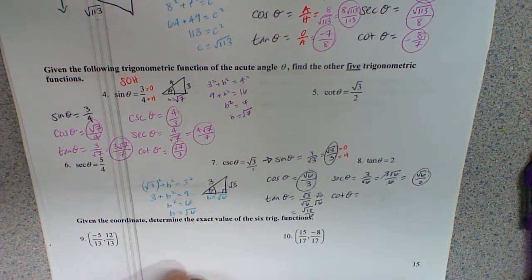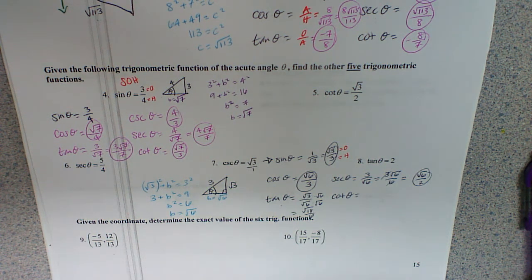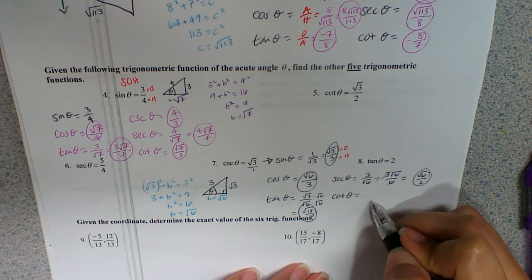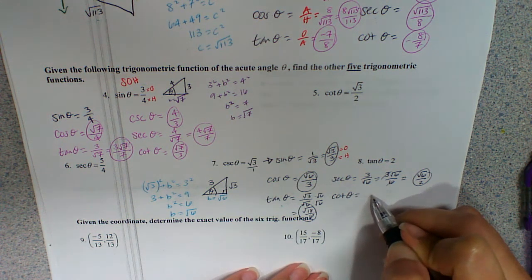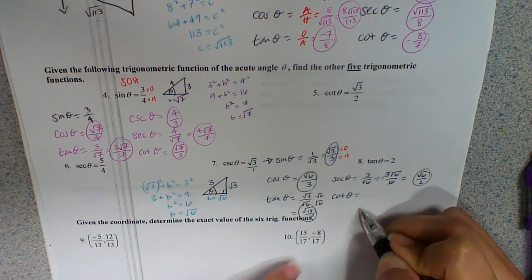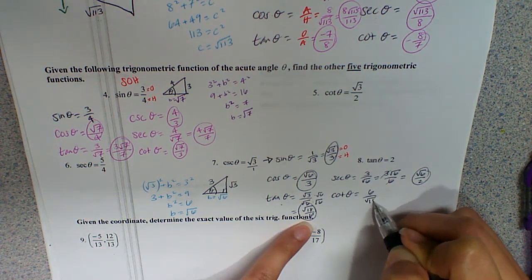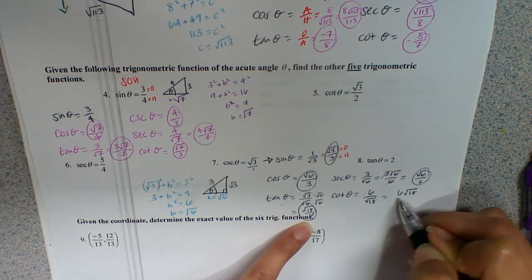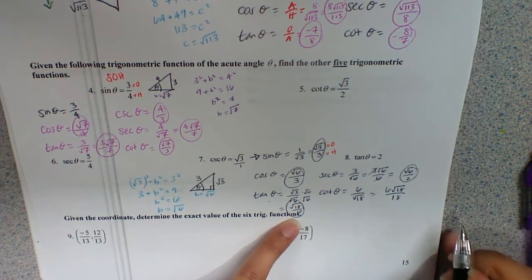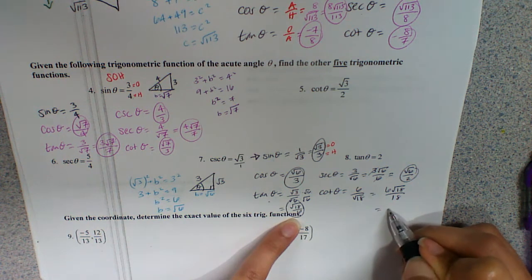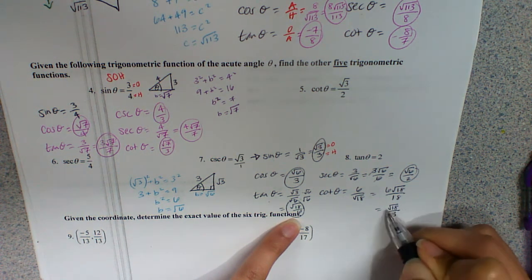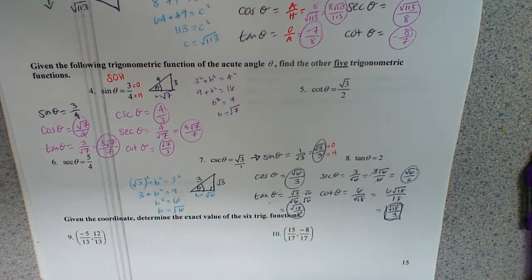Of course you could simplify that, but you can just leave it that way for now. And cotangent is the reciprocal, will be 6 over root 18, which after you rationalize will give you 6 root 18 over 18. And that simplifies to give you root 18 over 3.